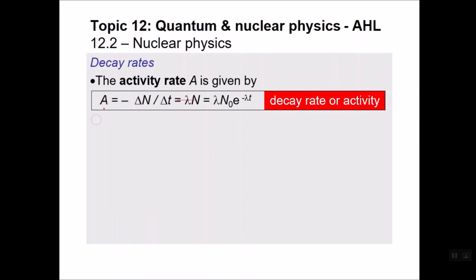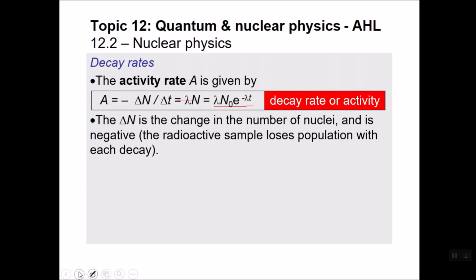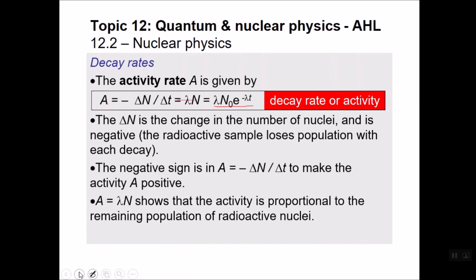This is activity, becquerels, decays per second, and it is equal to the change in the population over time. It's also equal to the decay constant times the current population, and it's equal to this whole thing right here. All right, so we can use any one of those. So that explains what each one of those are.